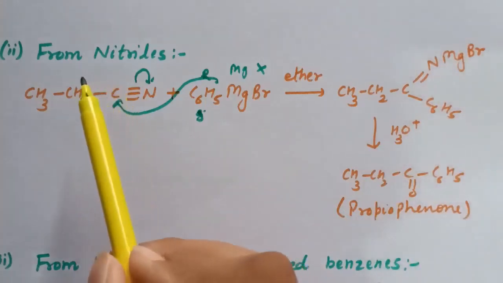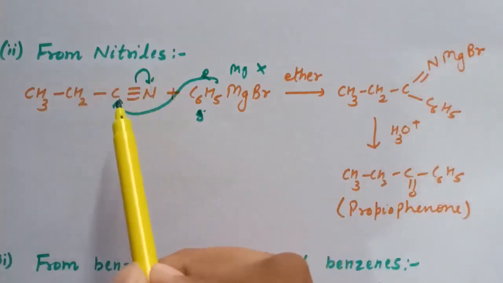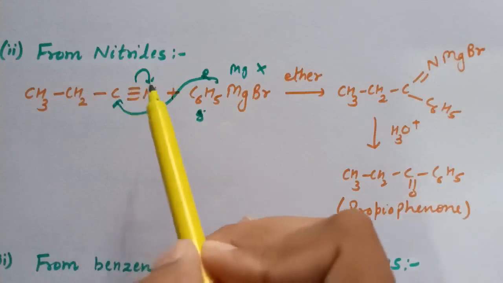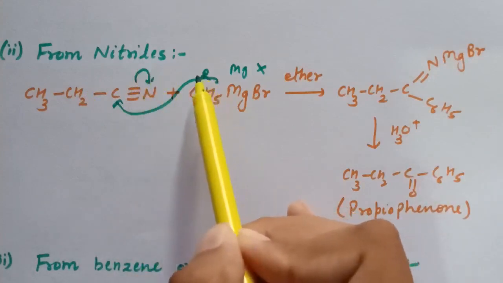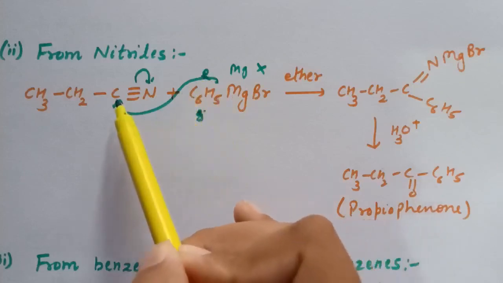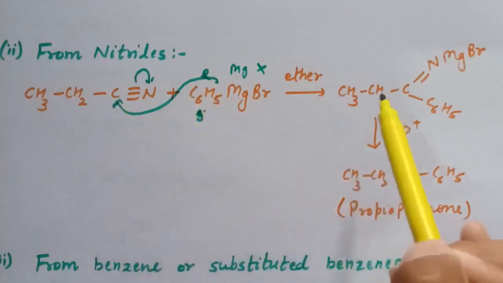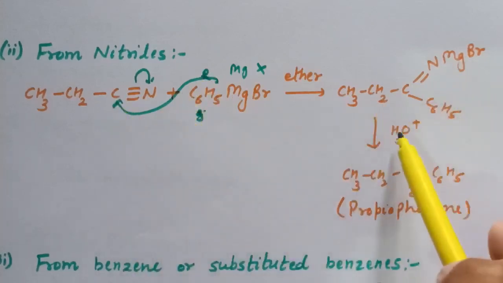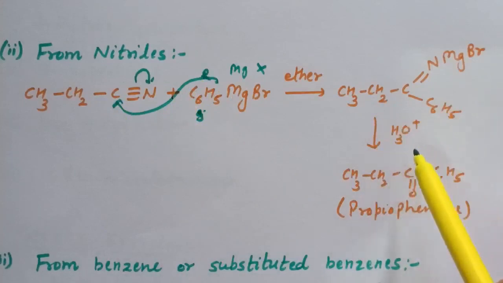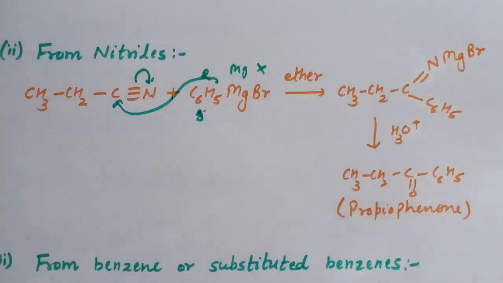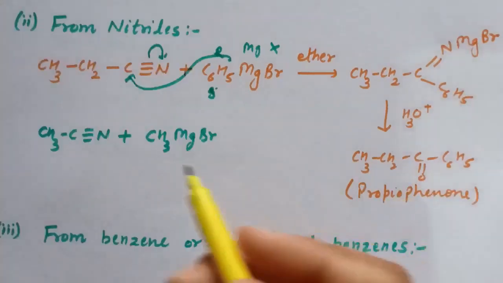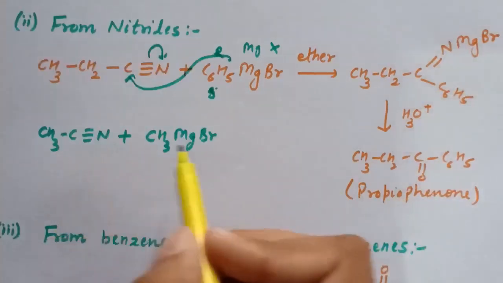So in the case of nitrile, due to the difference in electronegativity of carbon and nitrogen, this bond is shifted to nitrogen, and the R part of the Grignard reagent attacks this carbon atom, and this complex is formed. The hydrolysis of this complex results in the formation of ketone. Here the nitrogen will be replaced by oxygen. We can also write down the reaction for this.